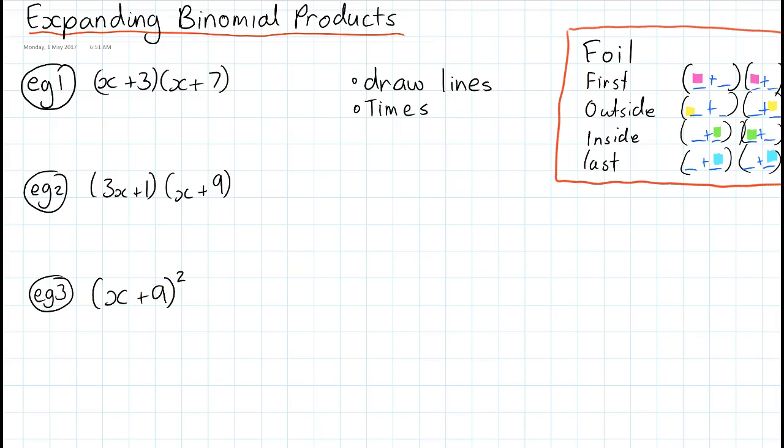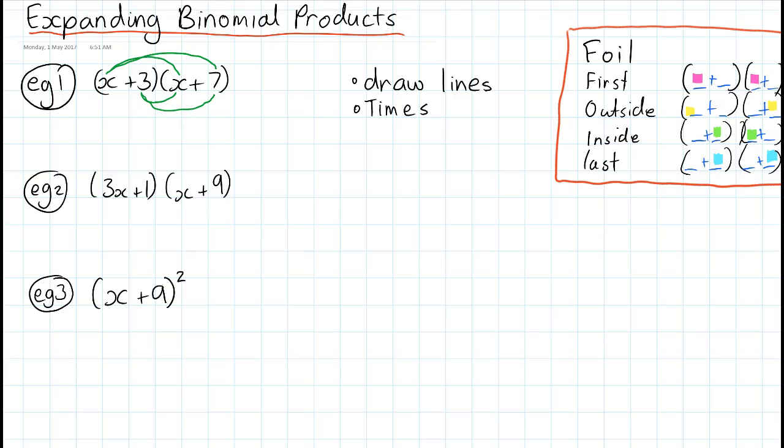With this, the key thing is that when stuff is in brackets and there's two brackets, you have to times everything in the first bracket by everything in the second bracket. So the x needs to be times by both the first x and then the 7, and then the 3 from the first bracket needs to be times by the x from the second bracket and the 7.